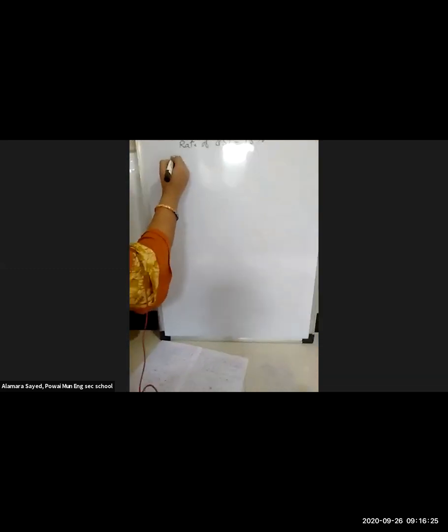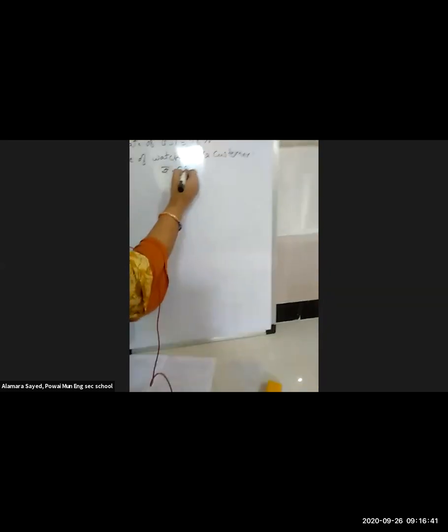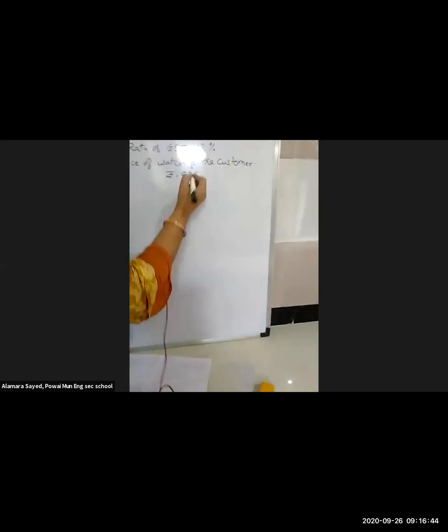So now first we will find out the price of watch for the customer. That is rupees 586 and 18% of GST. So 18 upon 100 of 586 is equal to what? You will have to find the answer for this.